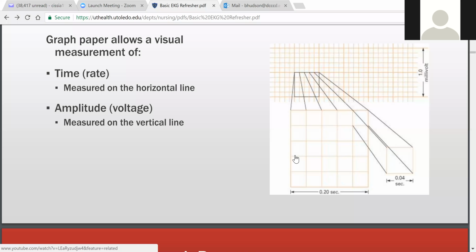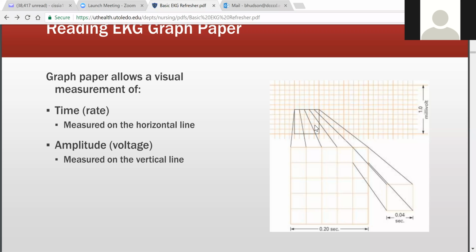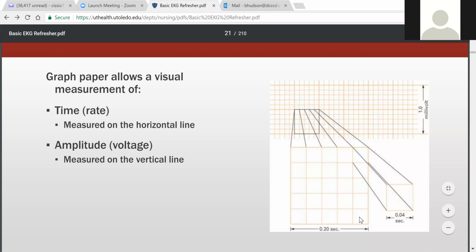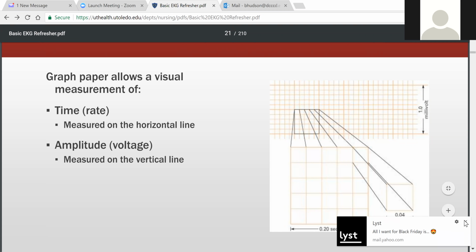When I'm talking small boxes versus big boxes, these darker bolded lines are one big box. In one big box, you have 1, 2, 3, 4, 5 little boxes. Each of these 5 little boxes is representative. One little box equals 0.04 seconds.